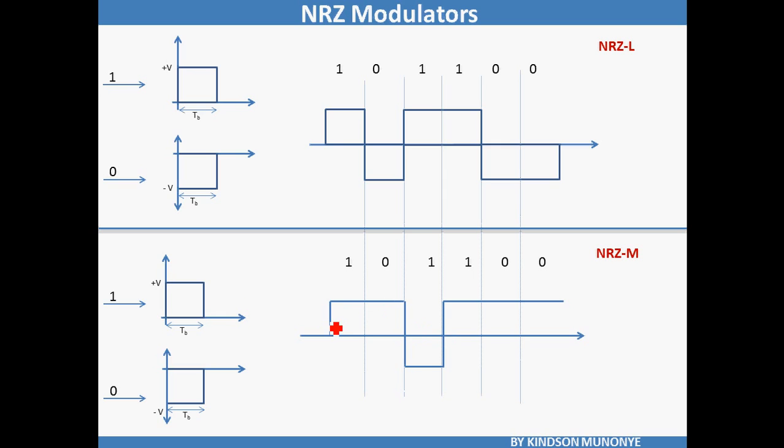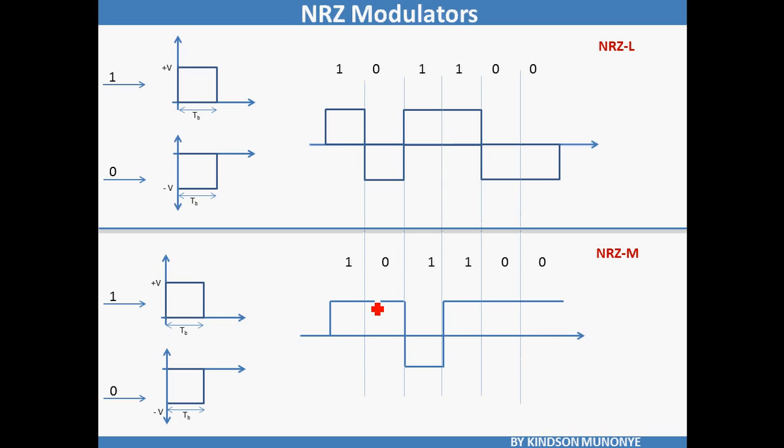and if a 0 comes in, there is no change. So initially, the initial voltage might either be plus V or minus V, but when a 1 is received, there's a change. So here we have initially 0 volts, a 1 is received and it goes up to positive.